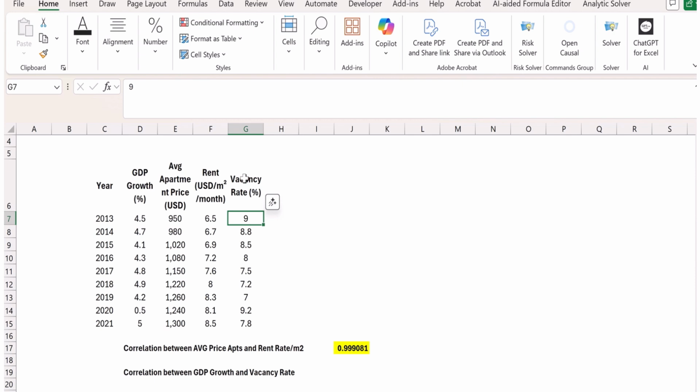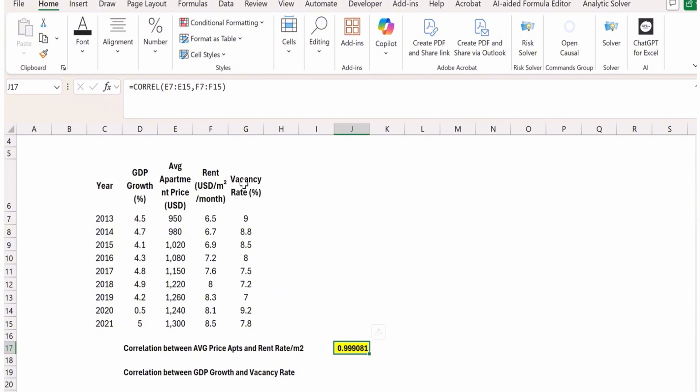But the strength of this correlation will not be as strong as this one because there are many other variables that can affect the vacancy rate.